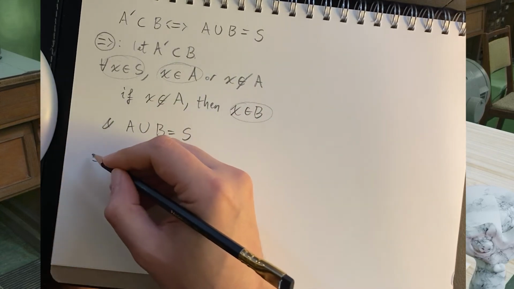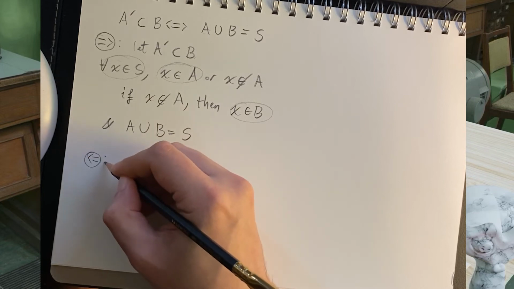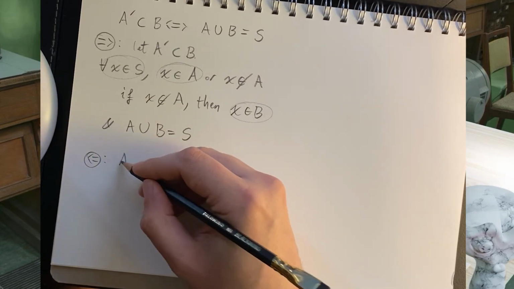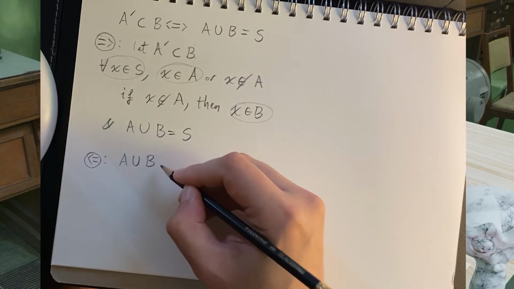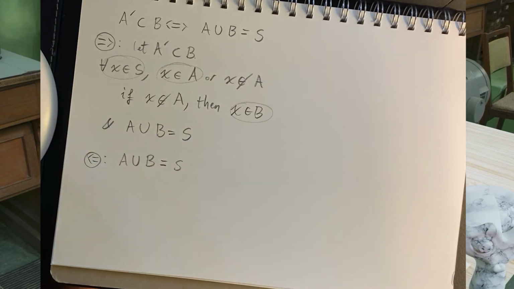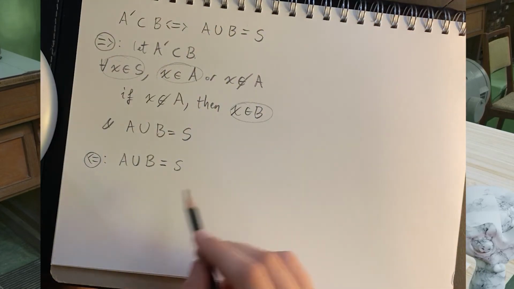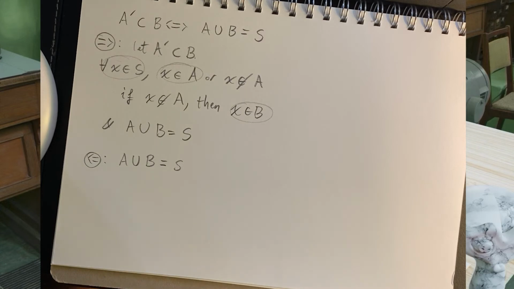Okay, now let's go the other way. So we'll say A union B is S, and it's going to be pretty much similar because we're just reversing the steps.